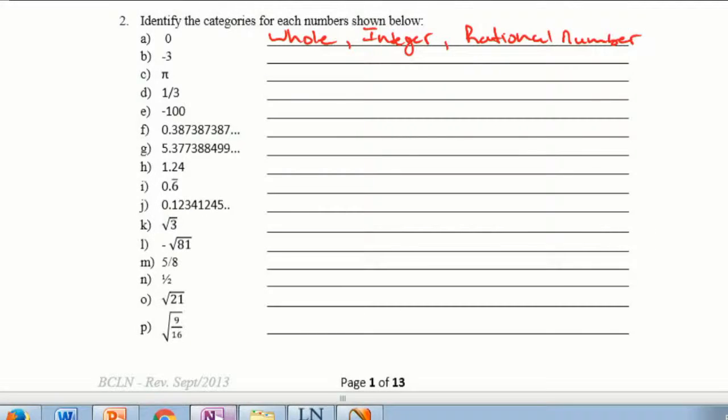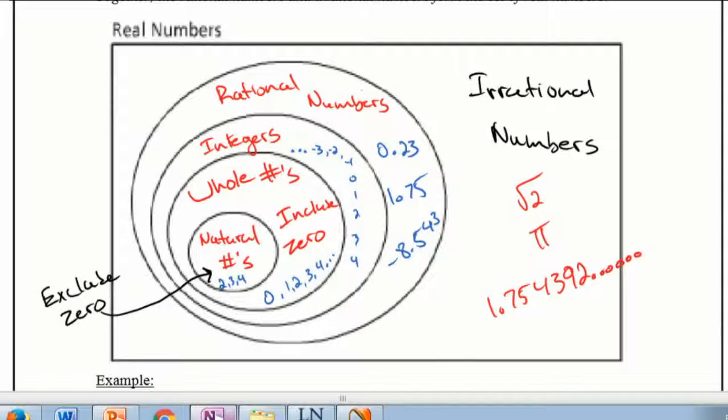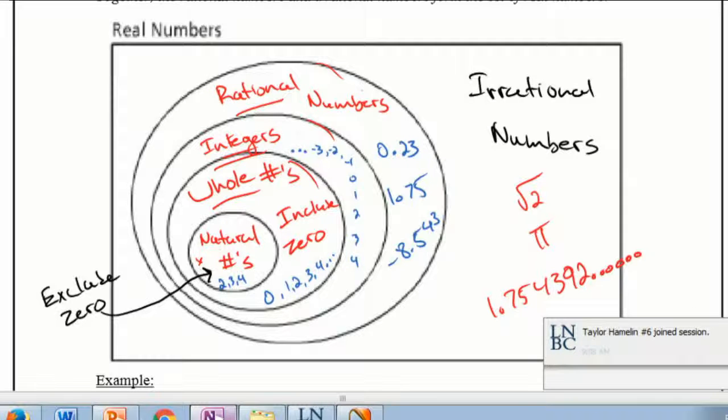So if I jump back over to this image, if I think about 0, 0 fits in right here. There's my 0. And it includes the whole numbers, integers, and rationals. So it's including all of the bigger circles because these big circles all include that 0. It's not a natural number because by definition a natural number has to exclude 0.